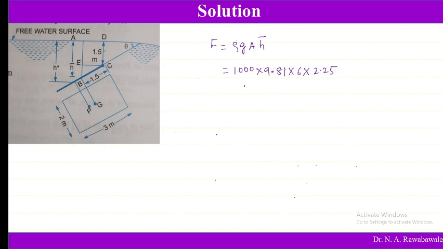So we get this as 1000 into 9.81 into 6 into 2.25.